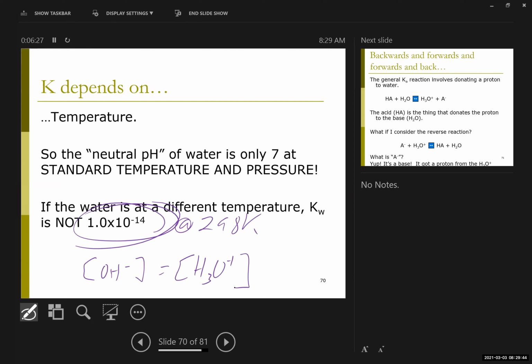At different temperatures, neutral pH is different. You don't even have to go to boiling. Right now in this room, which is not 25 degrees, it's more like 20 degrees Celsius, KW is probably slightly different than 10 to the minus 14, which means even if I have gasless, pure water in this room, I'm not going to get 7.000. I wouldn't expect to.